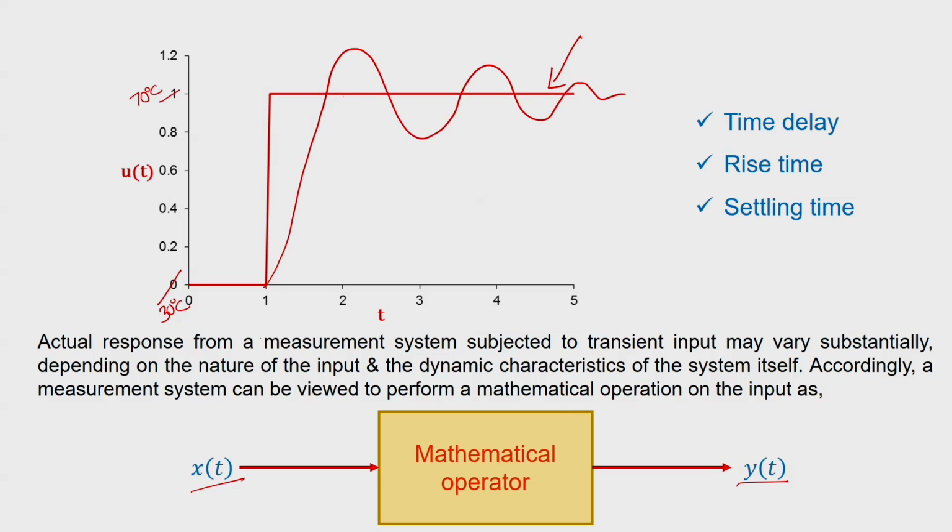Where the input is a step, your output is not a step signal, rather it keeps varying with time over a significant duration before settling at the desired value. This conversion from the step signal to this particular curve is done by the mathematical operation imposed by the measurement system, so we can often see the measurement system as a mathematical operator.